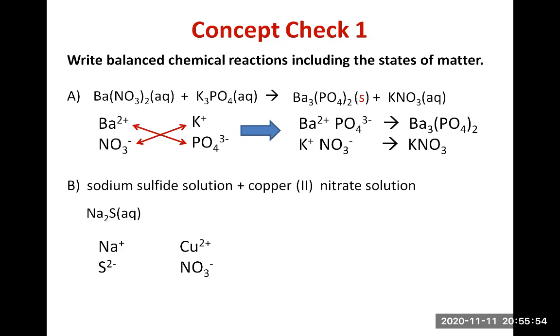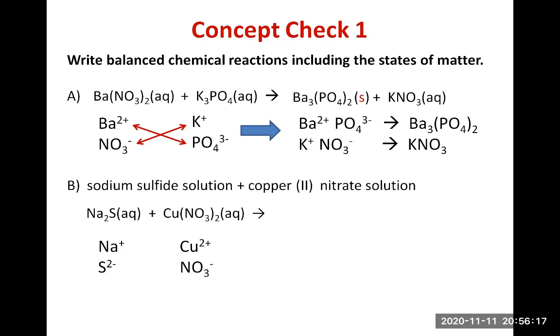If you do the crisscross trick, the 2 from the copper will become a subscript for the nitrate. So we will need parentheses around the nitrate, and then a subscript of 2. Cu(NO3)2, and that's another aqueous solution because it says solution. So that's our two reactants.